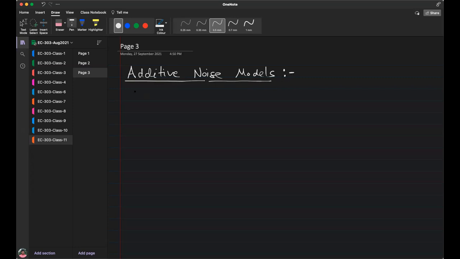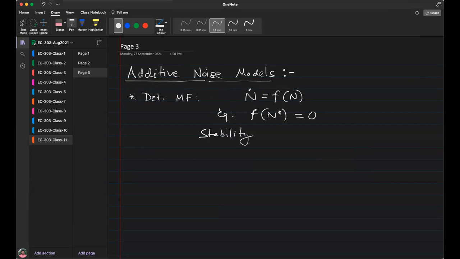Okay, so before we do so, let's do deterministic mean field. Let's say we have an equation of this type. We define equilibrium by finding all n star that satisfy this, and stability by checking the slope of the function at n star.